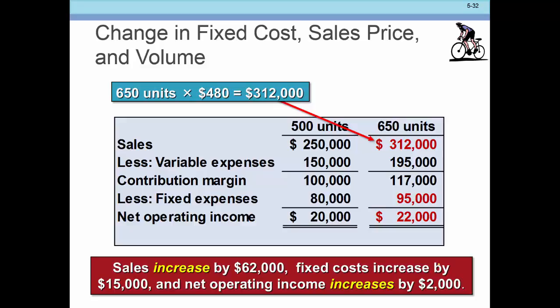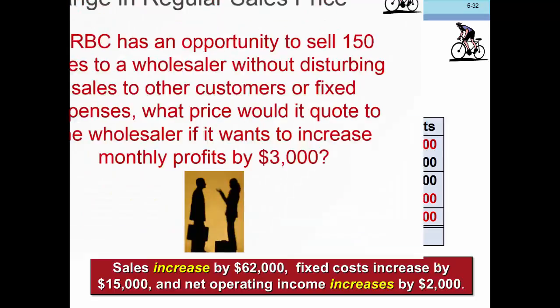If I'm going to take a risk of being stuck with 150 extra bikes that I might have to sell for $300 a pop, just to cover my variable cost, that's not worth it to me, because now I ran this stupid advertising campaign and I lost the money on the advertising campaign, didn't I? So I'm looking for a little more cushion than $2,000 to make this worth my while. In textbooks, they would say, yes, you should do it because it increased the profit, right?